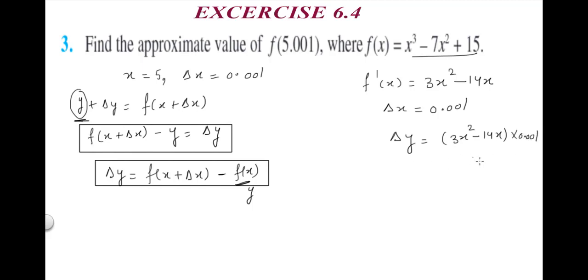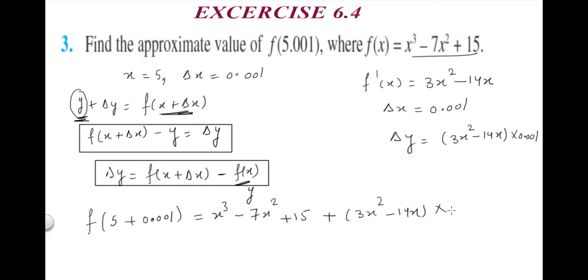Now f of x we know, that means the y is given as x cube minus 7x square plus 15. So we have to calculate f of 5 plus 0.001, that means x plus delta x. F of x plus delta x can be calculated as y, which is f of x, x cube minus 7x square plus 15. This is y only. Plus delta y, which is this term, 3x square minus 14x multiplied with 0.001.